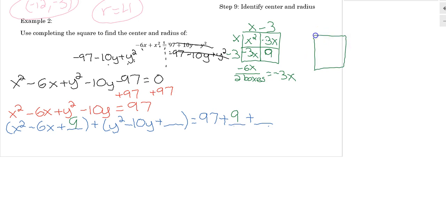We're going to do the same thing for y. Y squared. Then I have negative 10y divided by two boxes equals negative 5y. Minus 5y, minus 5y. So y times y times negative 5, y times negative 5. Negative 5 times negative 5 is 25. 25 goes in this blank and in this blank.